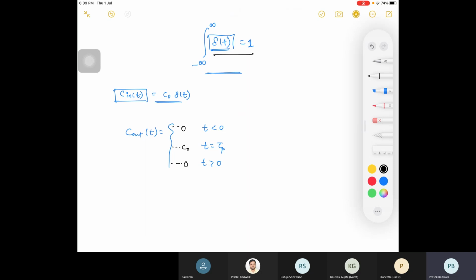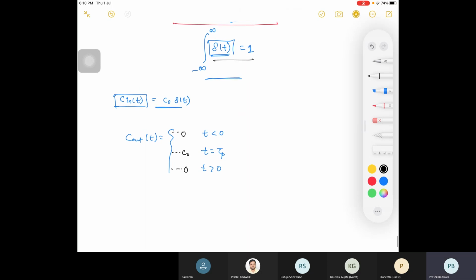So we'll have a similar case at the exit just after time tau p, that is your space time. So your C out at any time t is C naught into del of t minus tau p.